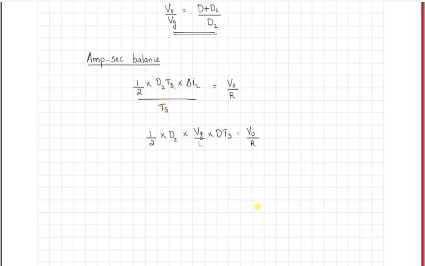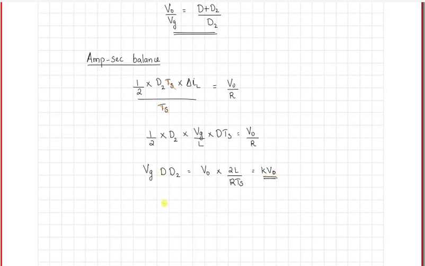So this is the relation that we obtain by simplification, and therefore again you can put this in terms of the conduction parameter K, because you have D, L, R and Ts. So if you do that, we get Vg times D times D2 is equal to V0 into 2L by RTS, or this is simply K times V0.